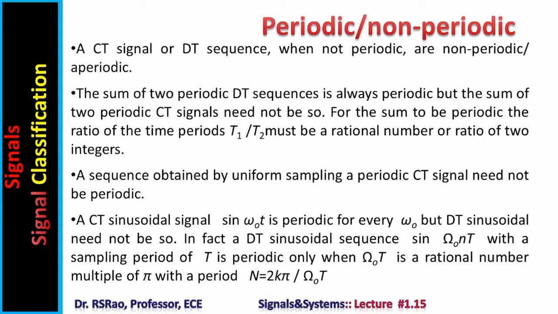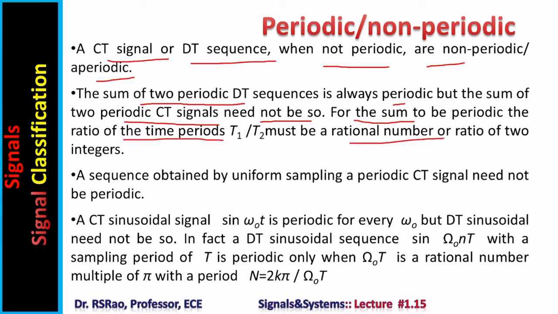Some more points we consider here. A CT signal or a DT sequence, when not periodic, is non-periodic or aperiodic. The sum of two periodic DT sequences is always periodic, but the sum of two periodic CT signals need not be so. For the sum to be periodic, the ratio of time periods must be a rational number, a ratio of two integers. A sequence obtained by uniform sampling of a periodic CT signal need not be periodic.